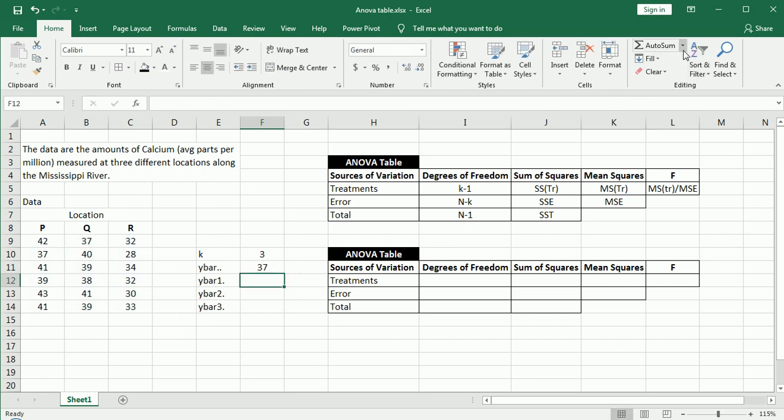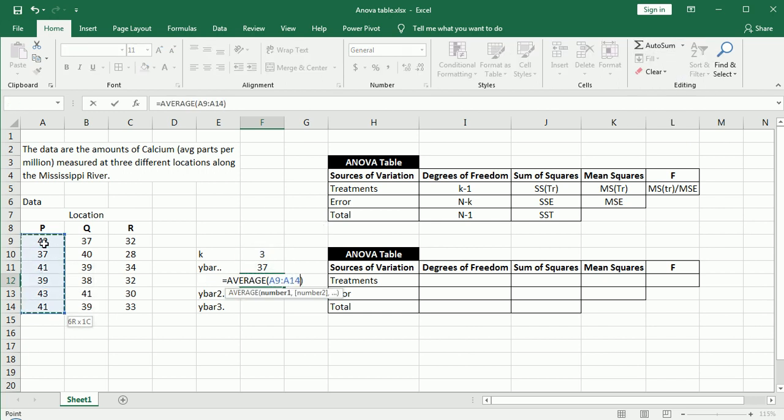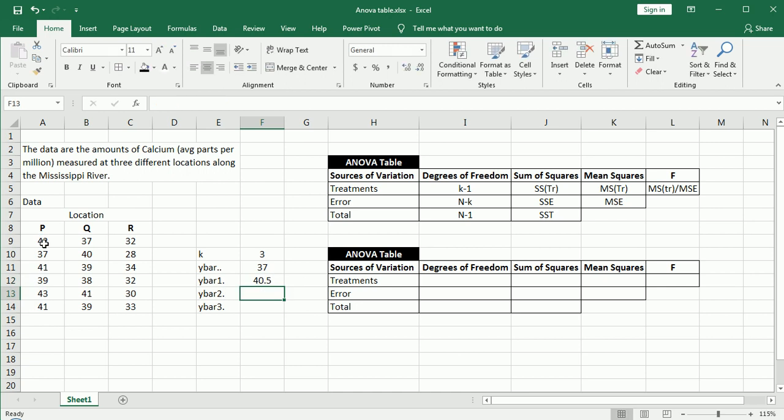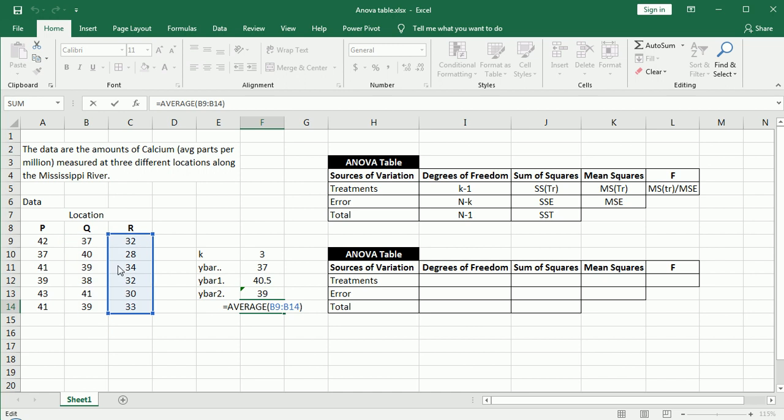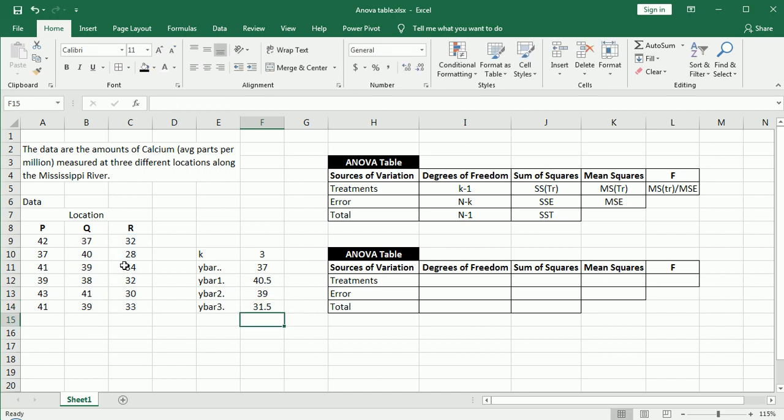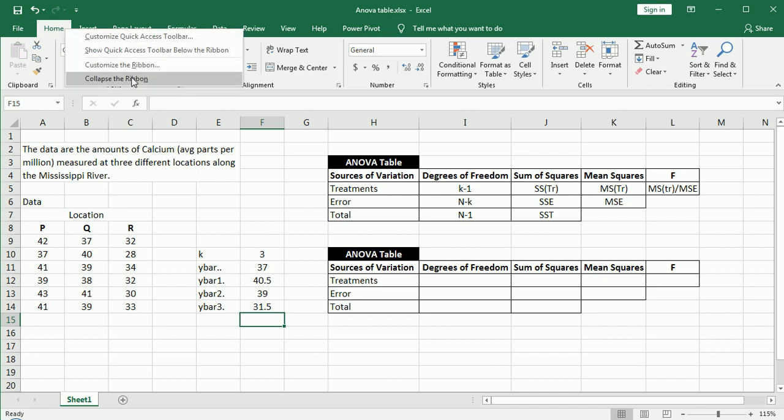Y bar 1 dot is the average of the observations from group 1, which is for us P. Y bar 2 dot is the average of group 2, and Y bar 3 dot from group 3. I need to adjust these, obviously, so let me do that. Okay, great. Now that we have these out of the way, we can more simply calculate our sum of squares.